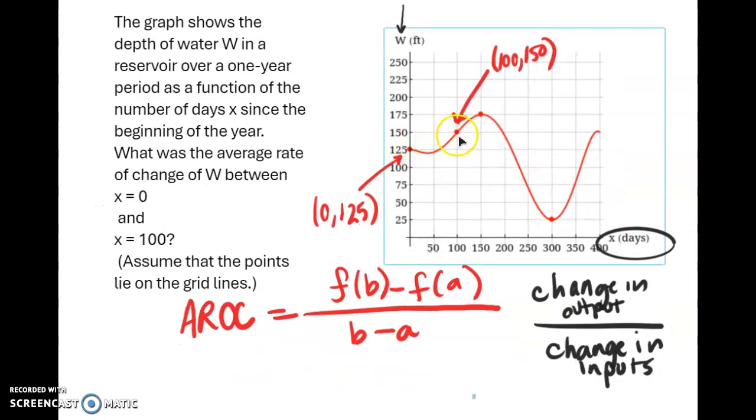However, this is not the slope. This line is not a straight line, right? So we don't want to necessarily call it the slope. We call it the average rate of change. And so we just want to see what rate the values of the function change as the input changes.